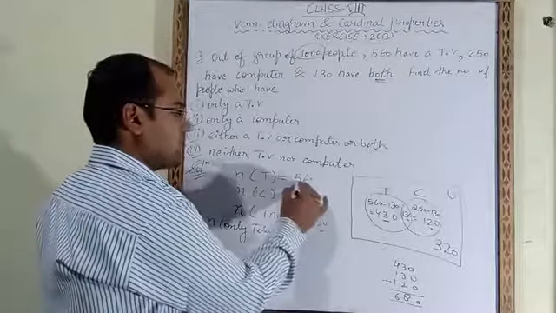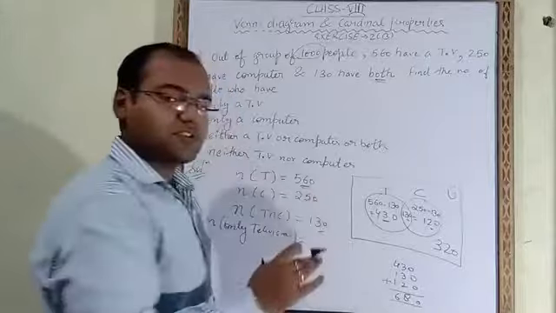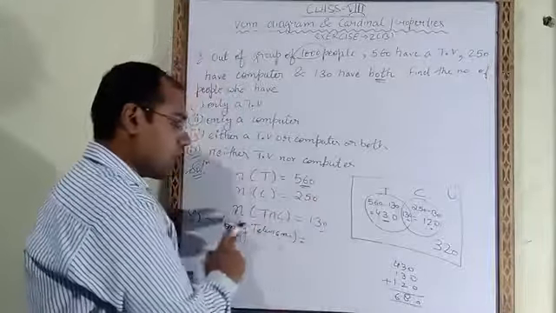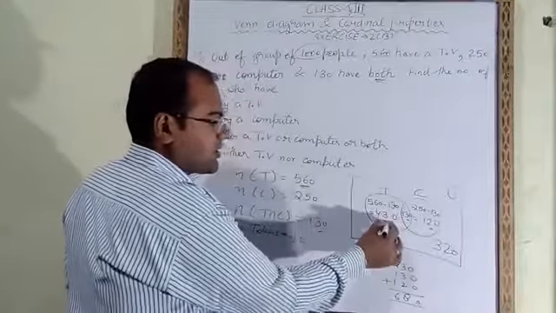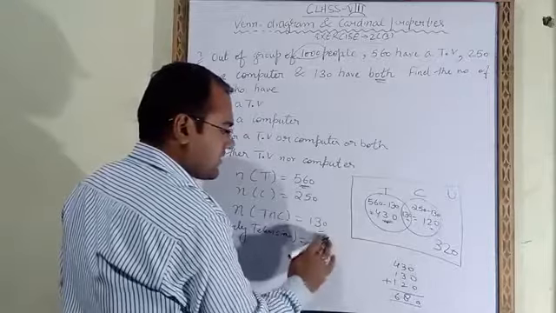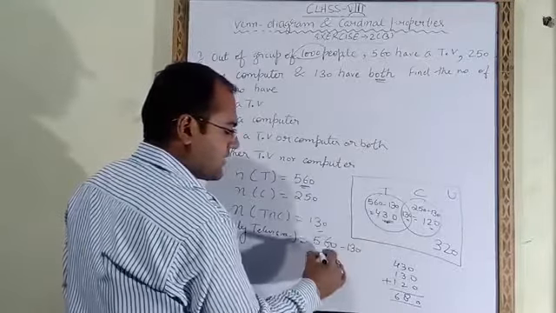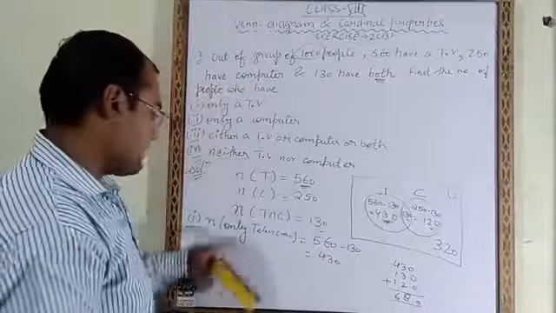The number of people having television is 560, but out of these 560 persons, few are having computer also. So we have to write only television. Only television means this much part, 430. So how did we get this answer? 560 minus 130, then only we get 430. So this is the first part answer.